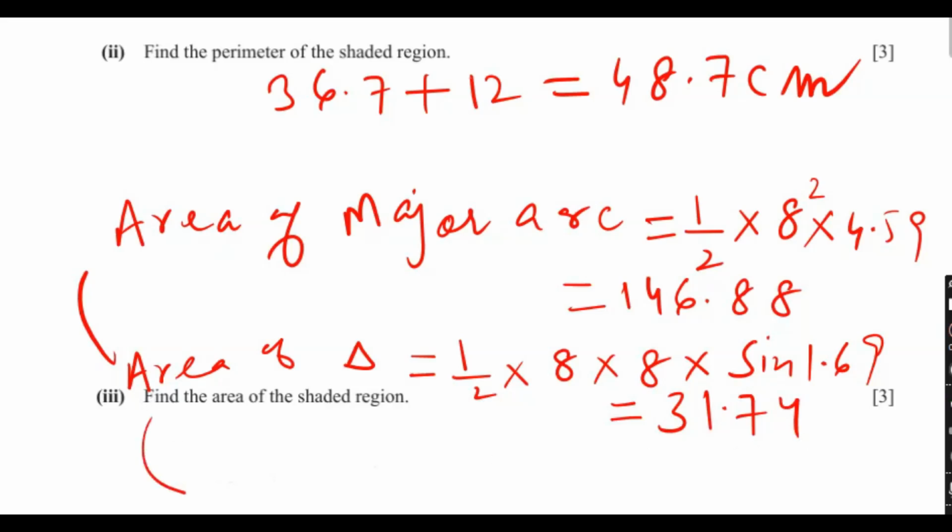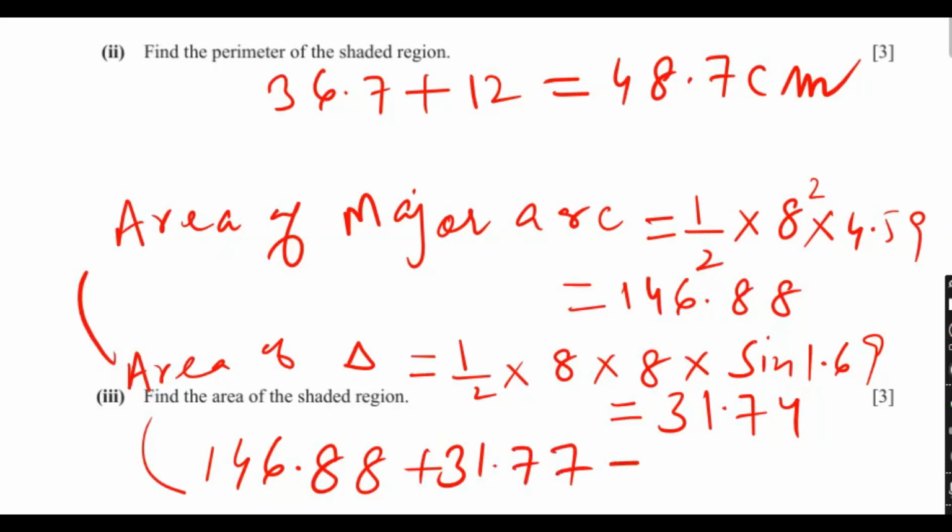Hence, the area of the shaded region is 146.88 plus 31.77. This will give you 178.5 correct to one decimal place, 178.5 centimeter square. So this is our final answer of part number 3.